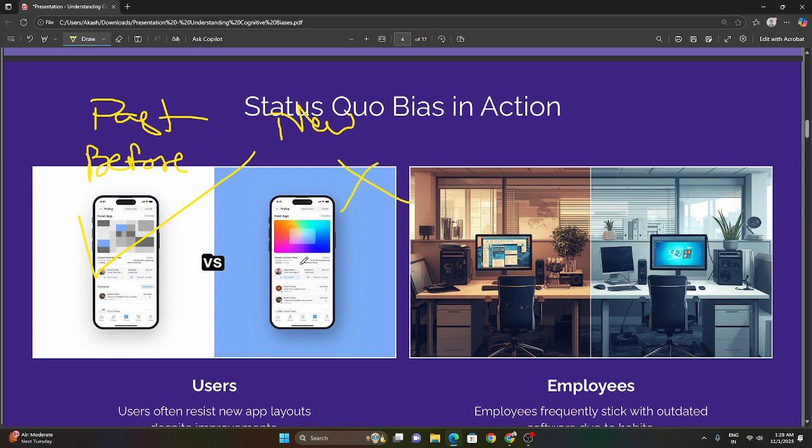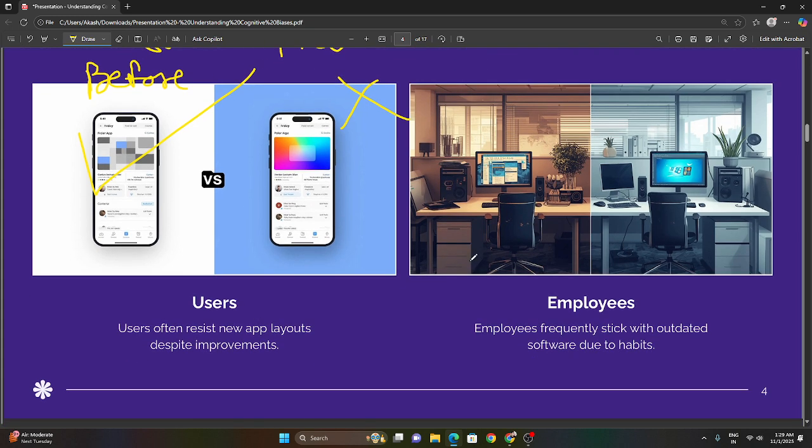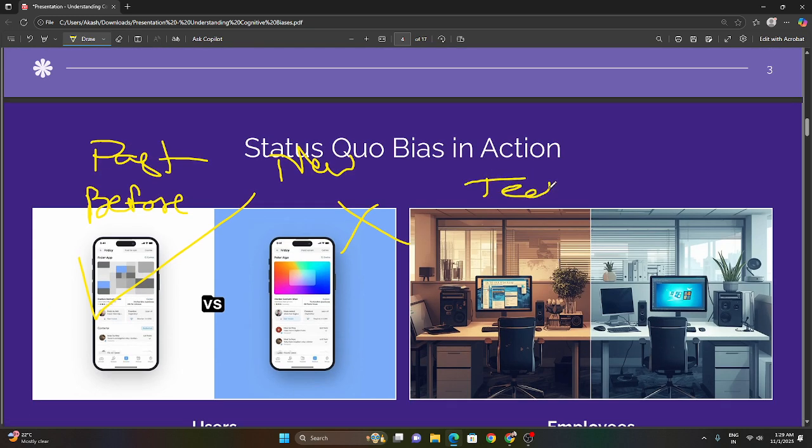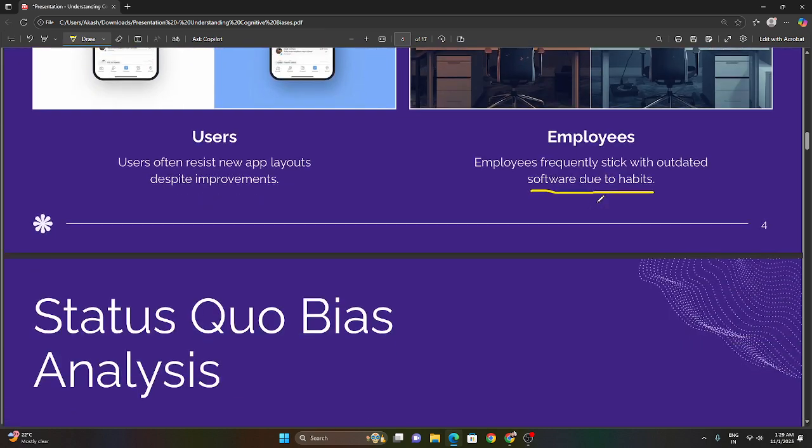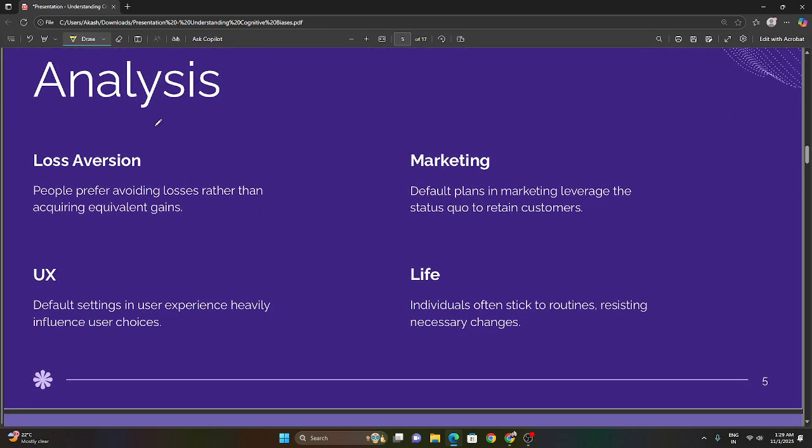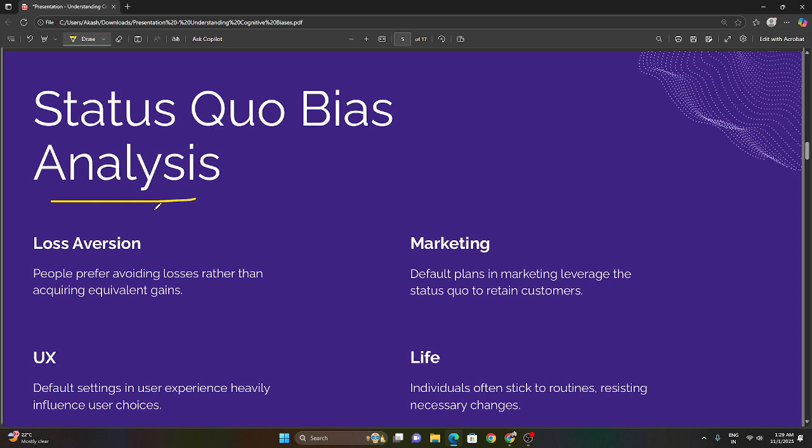Similar to that, employees frequently stick with outdated software due to habits. They use the same technology, the same versions they have always known. Status quo bias analysis, loss aversion, we are going to talk about it more: people prefer avoiding losses rather than acquiring equivalent gains.